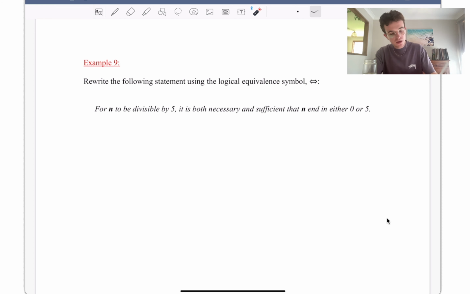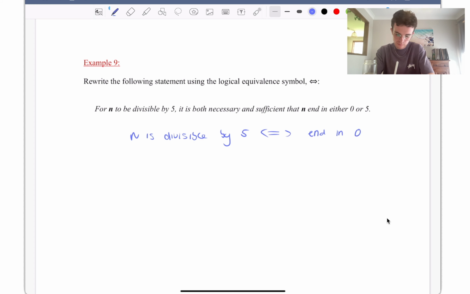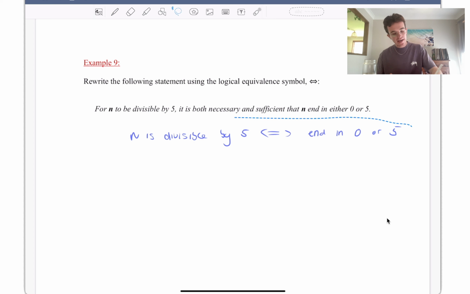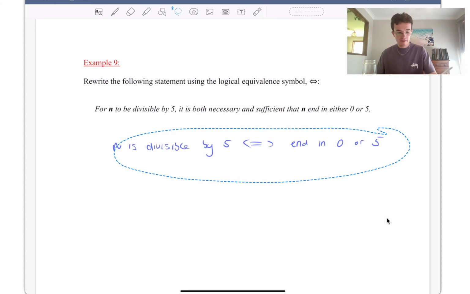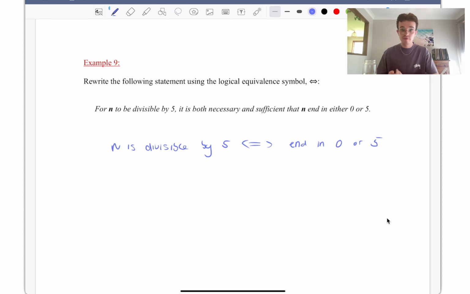So if n is divisible by 5, then it ends in 0 or 5. Let's see if this is a true statement. So if n is divisible by 5, yes, it does have to end in 0 or 5. And if a number ends in 0 or 5, then yes, it is divisible by 5. So this is a logically equivalent statement.